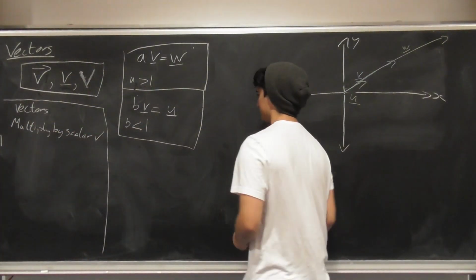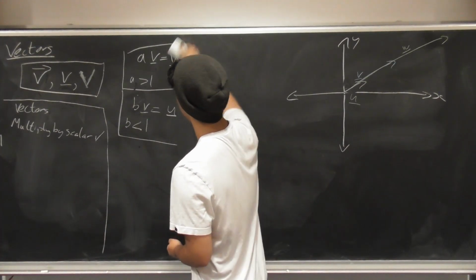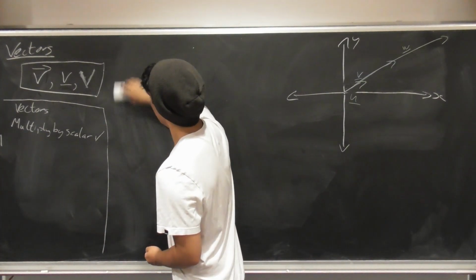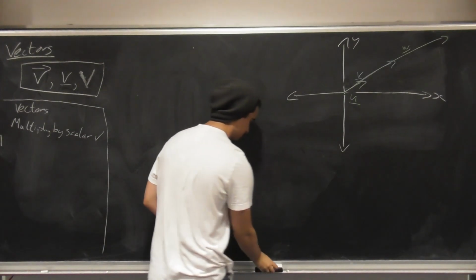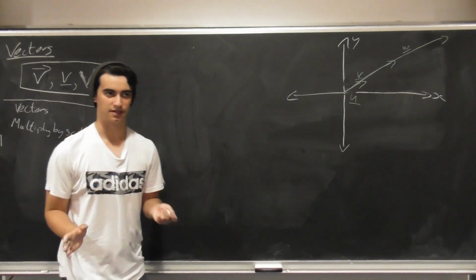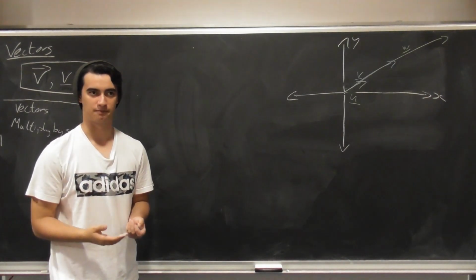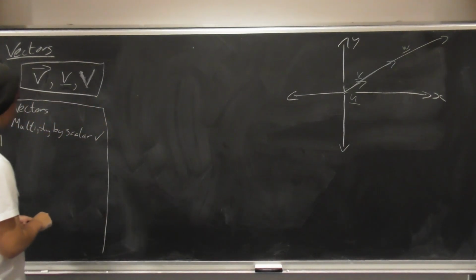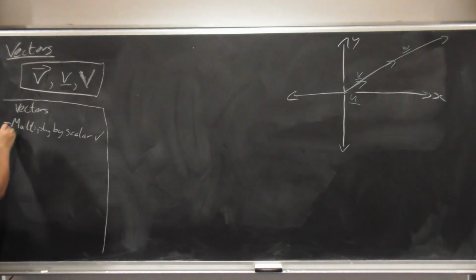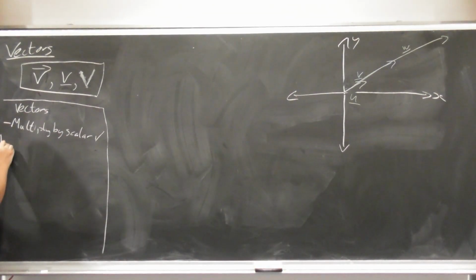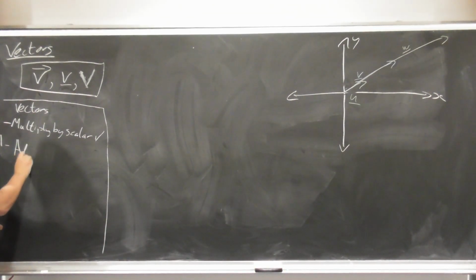Now, what's the next step we can have a look at? What can we do with normal arithmetic operations? If we can multiply it by a scalar, we've checked that off. Let's see if we can add them. Add two vectors.